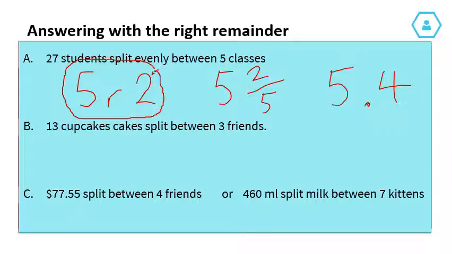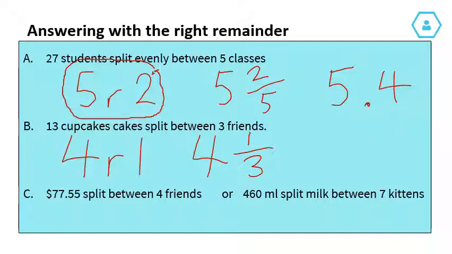Let's look at this one here. So B, we've got 13 cupcakes split between 3 friends. So my one way of representing is 4 remainder 1, because I know 4 times 3 is 12, plus 1 more is 13, so I've got a remainder of 1. Another way of doing it is to say 4 remainder 1, and we're dividing it by 3.